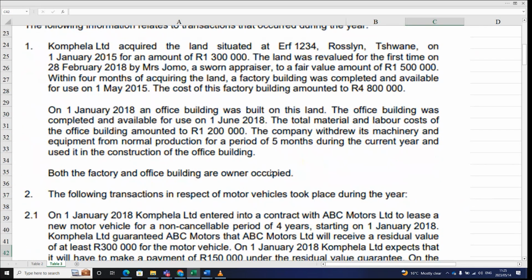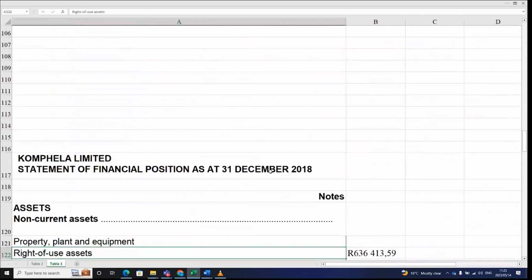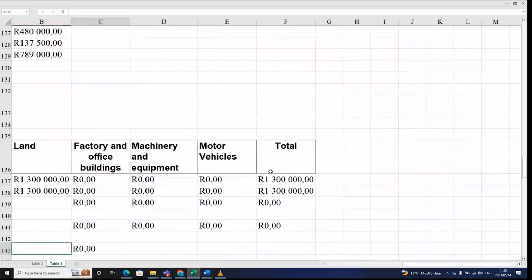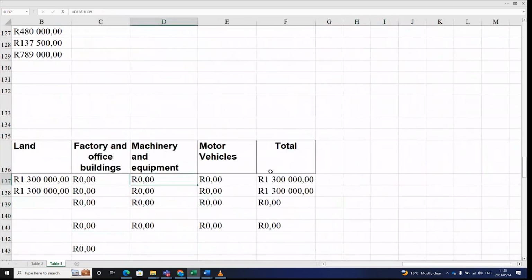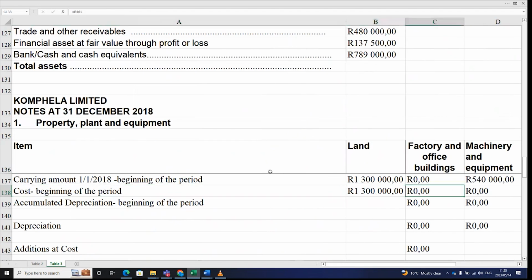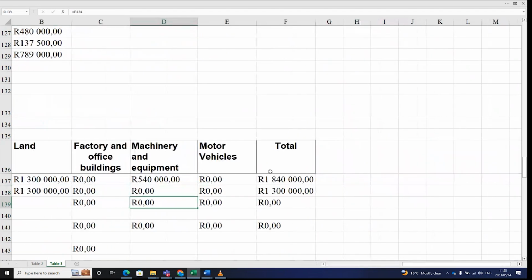So, coming back to our note, the carrying amount they gave us is 540,000, and the accumulated depreciation at the beginning of the period is 120,000.